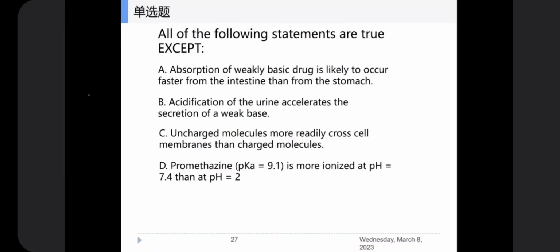Okay, the last one. All the following statements are true except one; you should choose the false answer, the wrong answer. Which one is not correct?